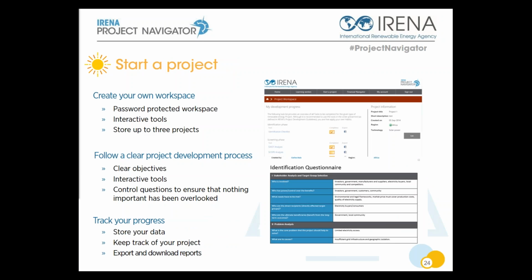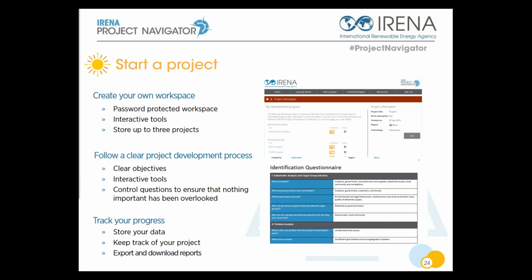Finally, I would like to say a word about the Start a Project section. There you have the possibility to set up a workspace for up to 3 projects, which you can protect with a password to make sure that you use all the tools and that you can track your progress.